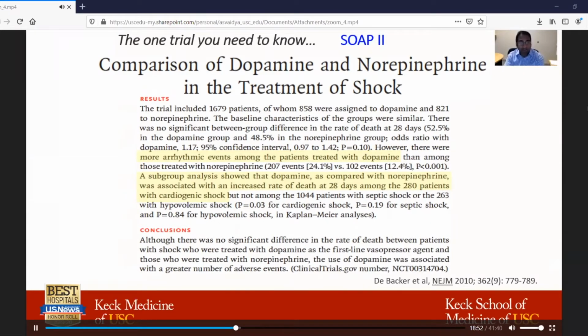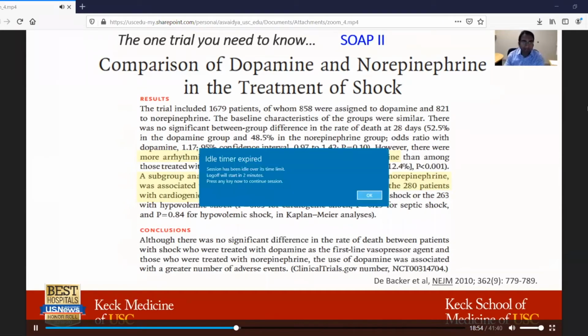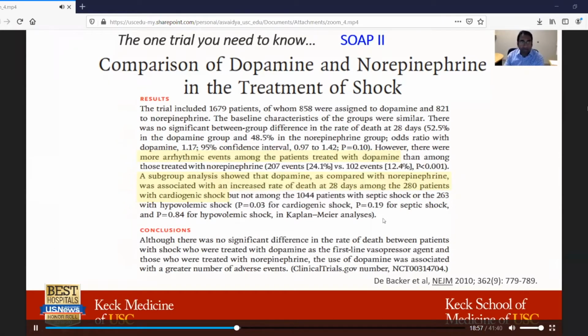But importantly for our talk, a subgroup analysis showed that dopamine as compared with norepinephrine was associated with an increased rate of death at 28 days among the 280 patients with cardiogenic shock. So a decent sized sample of patients with cardiogenic shock had higher arrhythmic concerns as well as death. That's led to the adoption of norepinephrine as the first line agent for both cardiogenic and septic shock in the setting of hypotension.